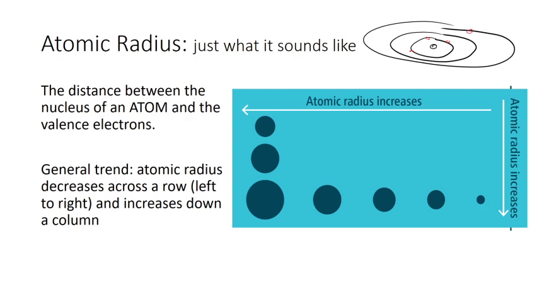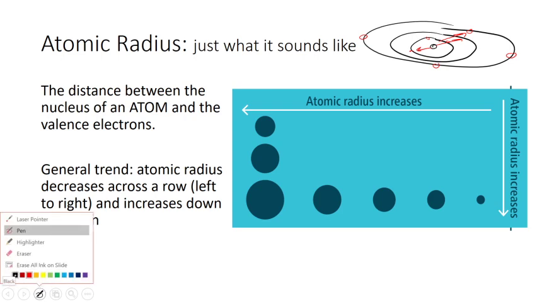But as you're adding electrons further and further out, right, on this third energy level, not only are they going to be further away, but that pull from the nucleus is going to be less the further out you get. So these ones here are really close. These ones out here are further away. There's less pull. There's more shielding from those inner electrons, and so the effective nuclear charge is less, which means that your radius is going to get larger.